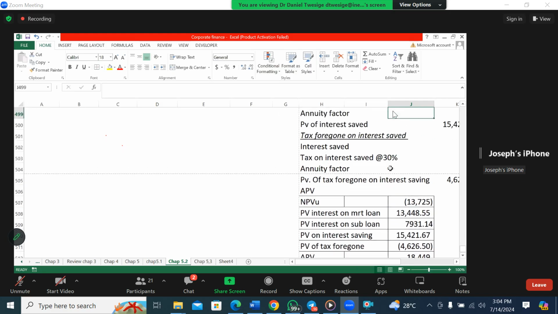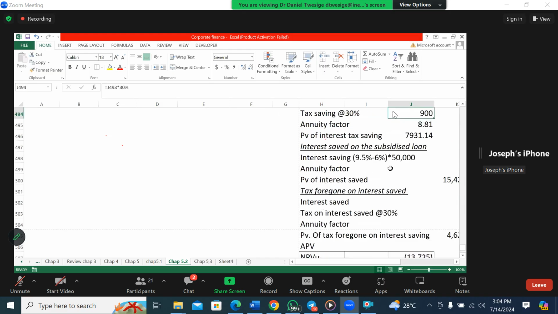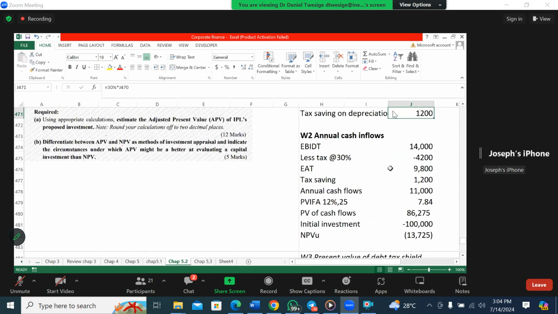Not a question on that, but just on question number B, because we need to understand the comparison between the APV and the NPV. As I said when we are starting, the strength of APV is about financing effect. That's the only issue.